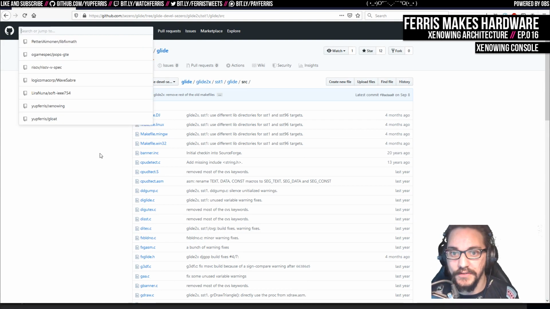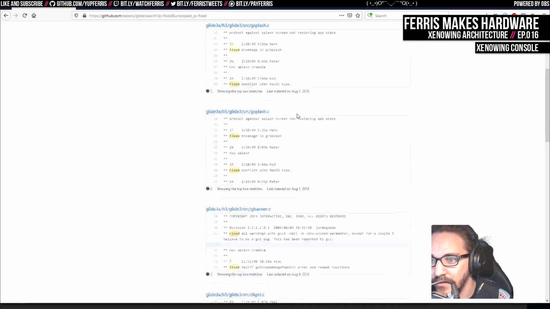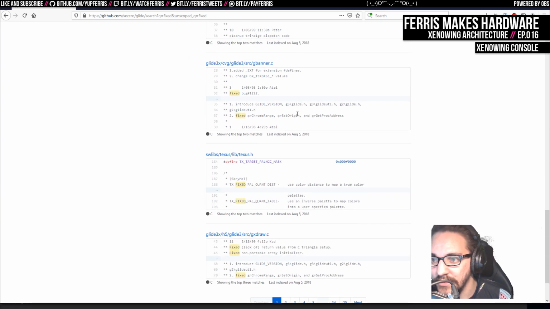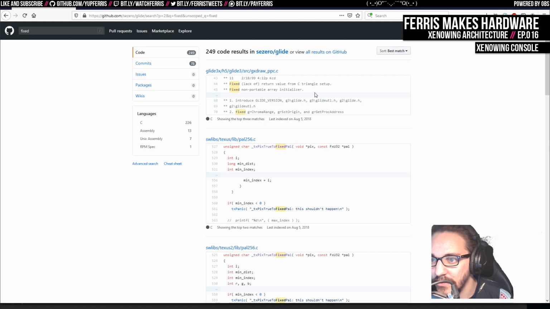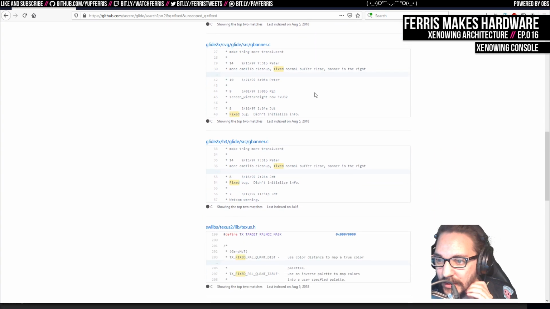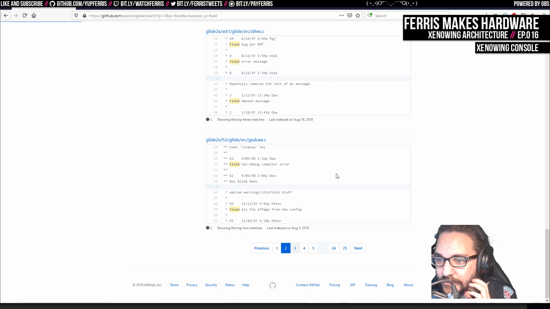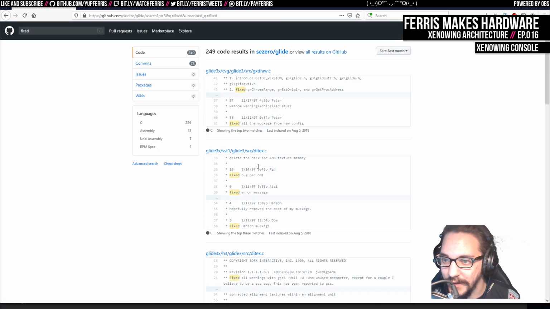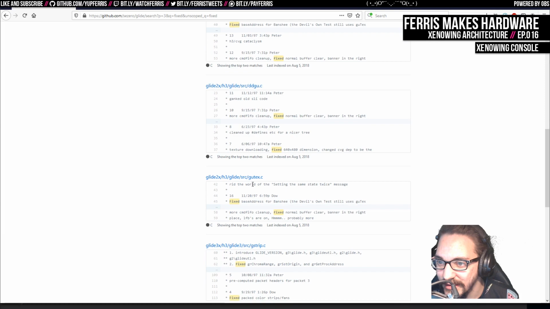Could also do, for example, if I search fixed in this repo, do we get anything? That's obviously a common word, but there's maps to true color palettes. There's a quantized distance in there somewhere. It might also make sense to search for the name of that register and work backwards from there. This is actually awesome, though, that we have the actual source with the dates. That's lovely.